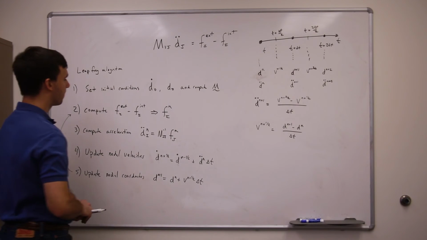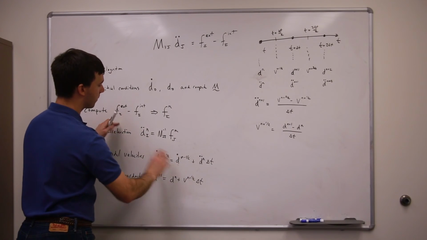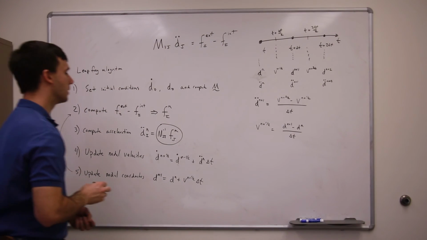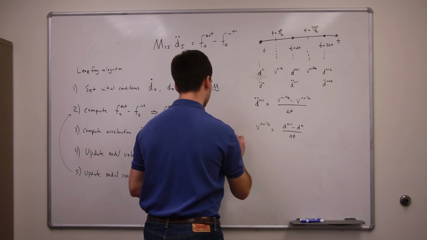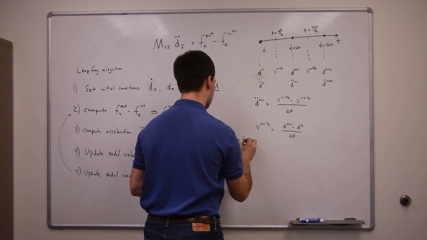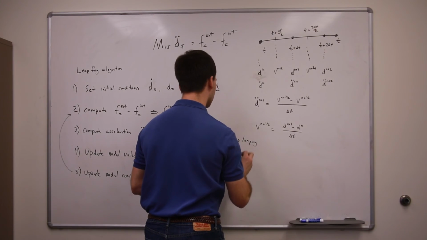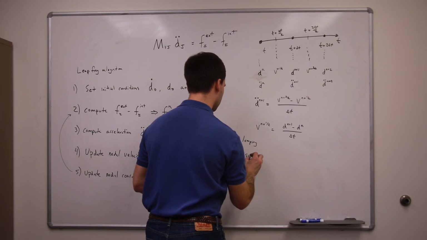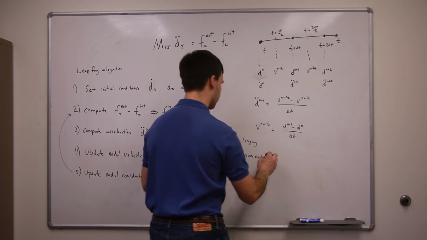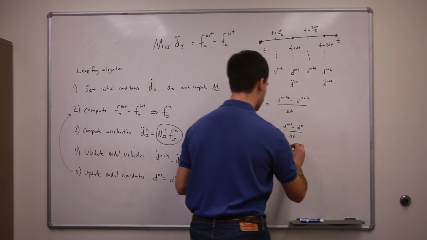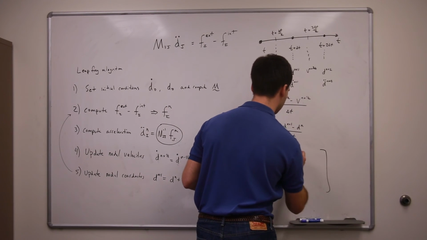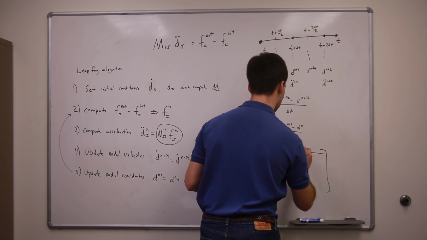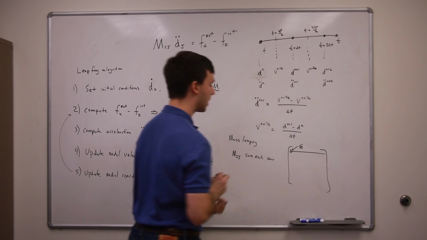And so the only thing that involves solving a system of equations is this step. And so to make that step faster, we often do something called mass lumping. And mass lumping is we take Mij and we sum each row. So we take all the values on a row, we sum them up, and we put that value just on the diagonal.